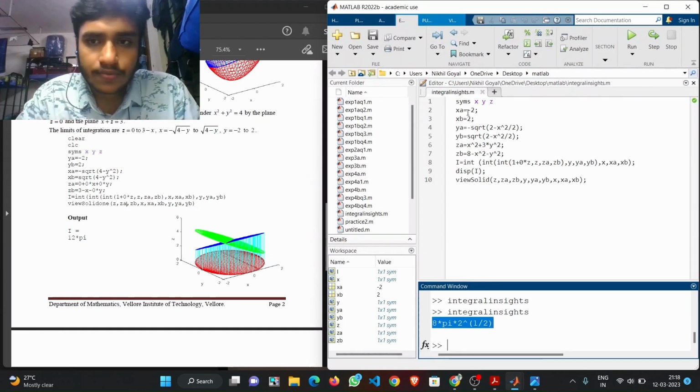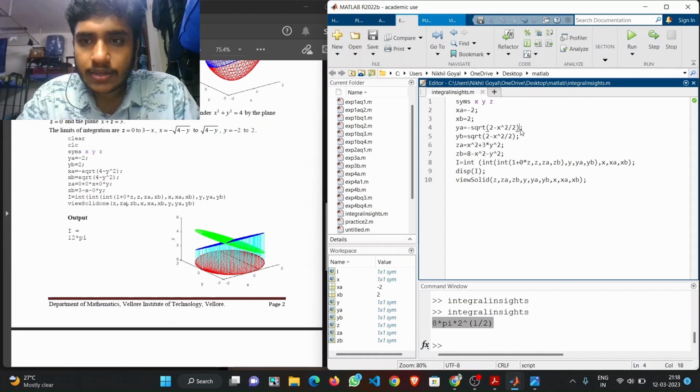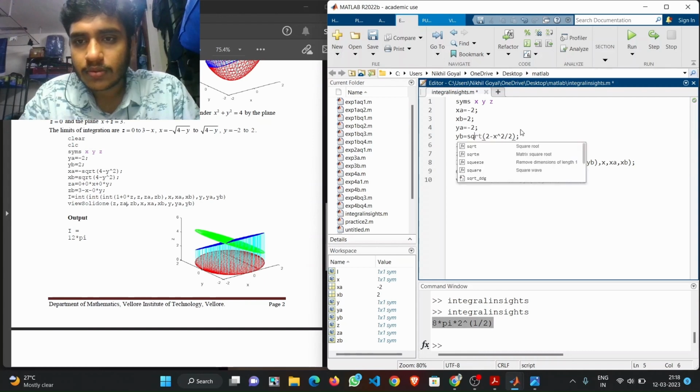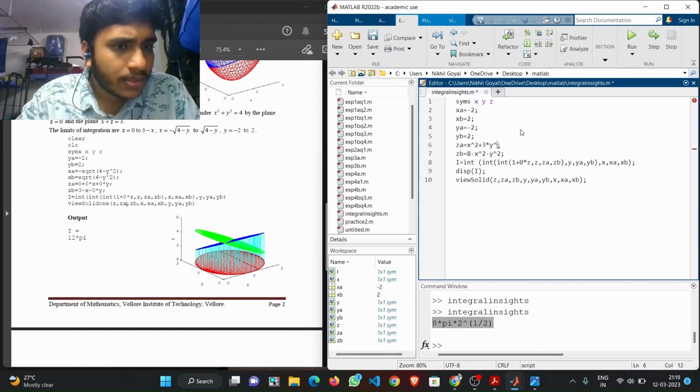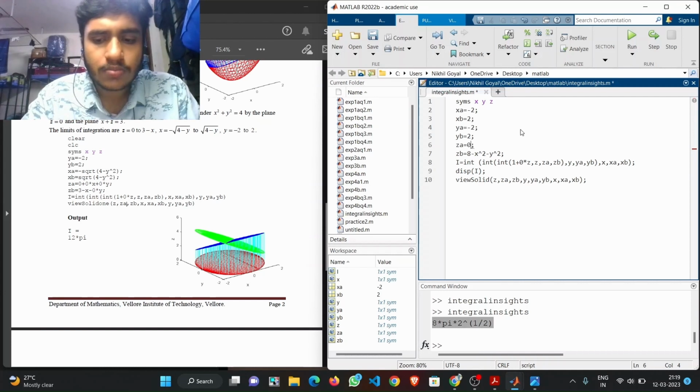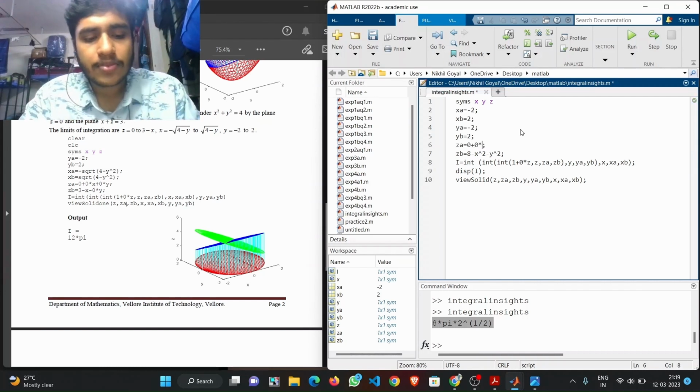See, ya limits are minus 2 and 2. yb limits are minus 2 and 2. Then z limits: za, because the lower limit of z is 0, we will not write directly 0, we will write 0 plus 0 into x plus 0 into y.